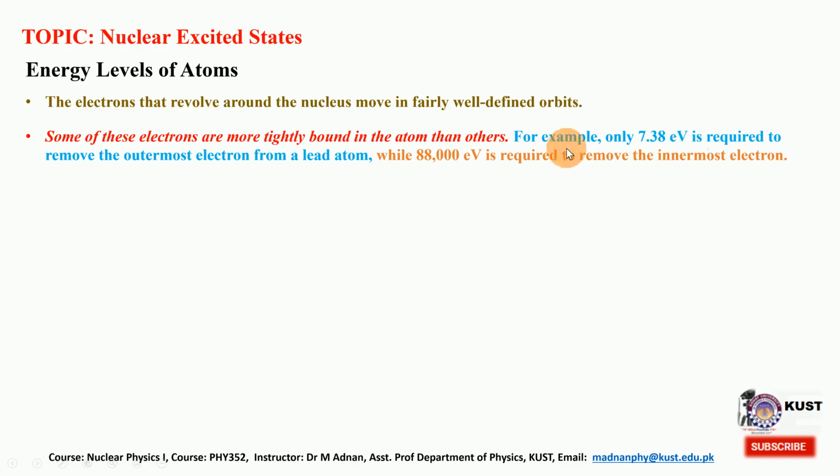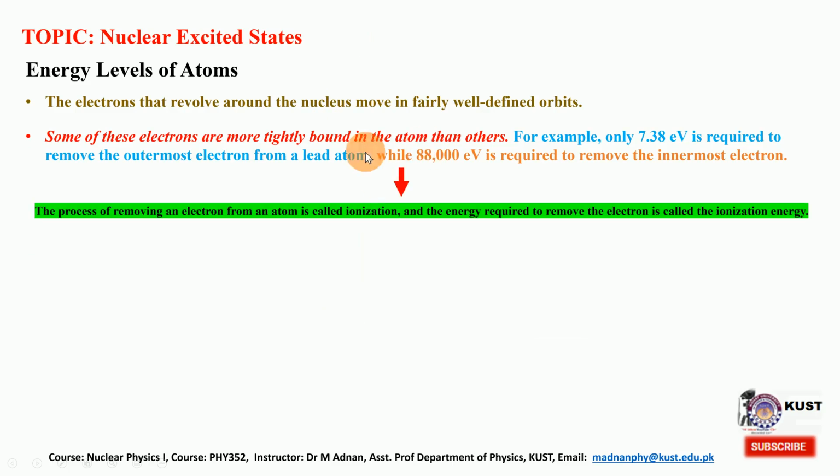Those loosely bound electrons are the outermost, and the tightly bound electrons are the innermost electrons, which require huge energy to remove from the atom. Based on this description, you know that the process of removing an electron from an atom is called ionization, and the energy required to remove electrons from the atom is known as the ionization energy.